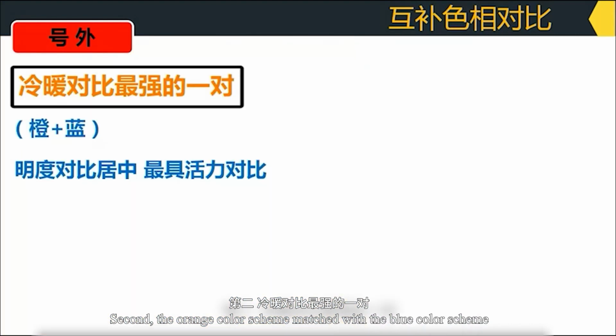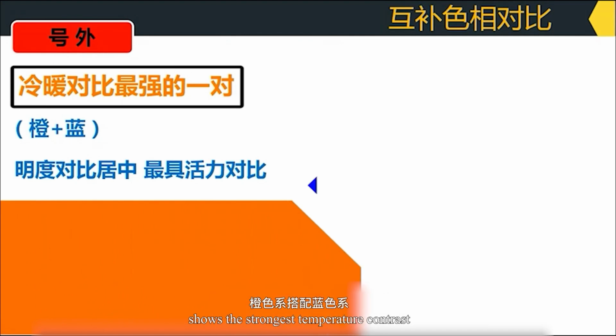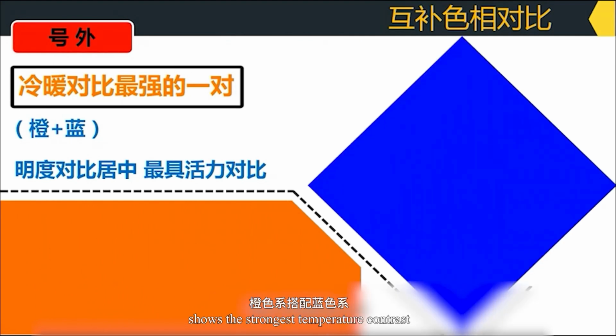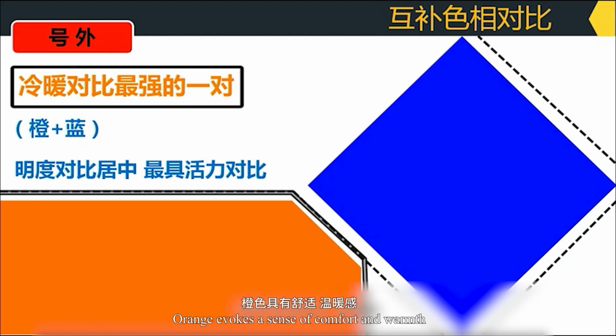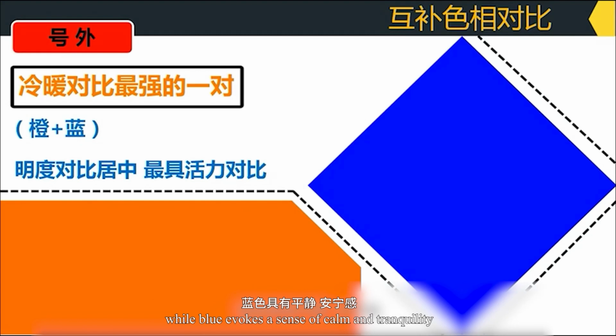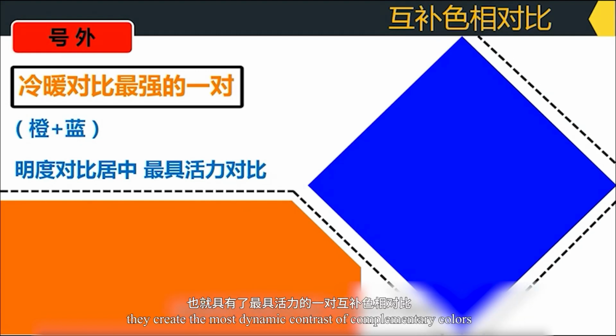Second, the orange color scheme matched with the blue color scheme shows the strongest temperature contrast. The brightness contrast between the two colors is moderate. Orange has a sense of comfort and warmth, while blue has a sense of calm and tranquility. When the two colors are matched together, they have the most dynamic contrast of complementary colors.